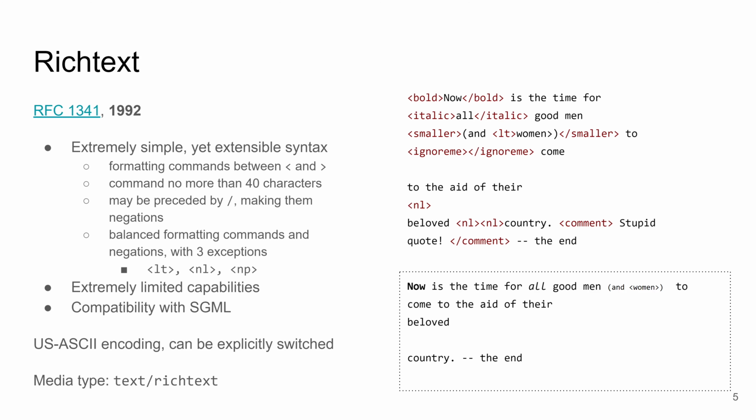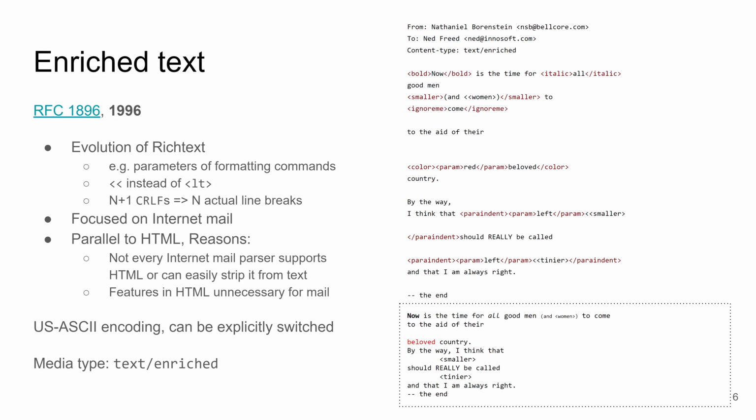It underwent some evolution. So 4 years later, in 1996, it evolved into enriched text. Note the difference also in the media type. So this is enriched text. And basically, in enriched text, you have more commands, and the special commands that were present in rich text were shortened.